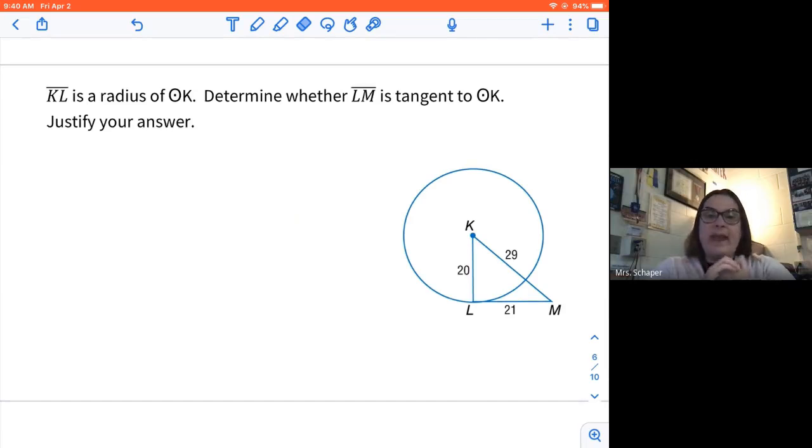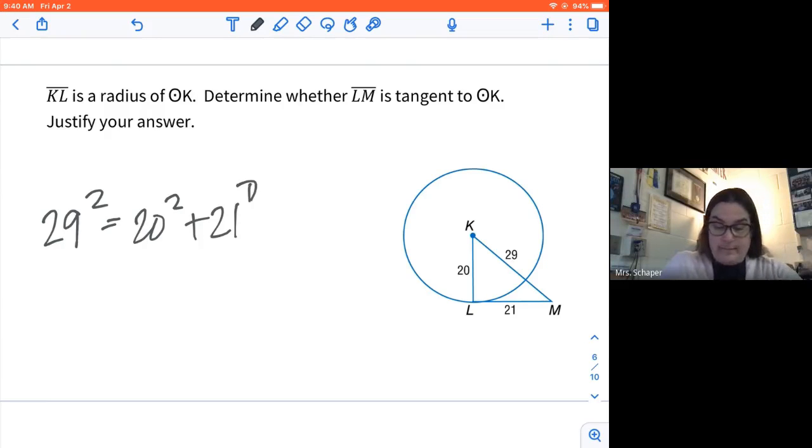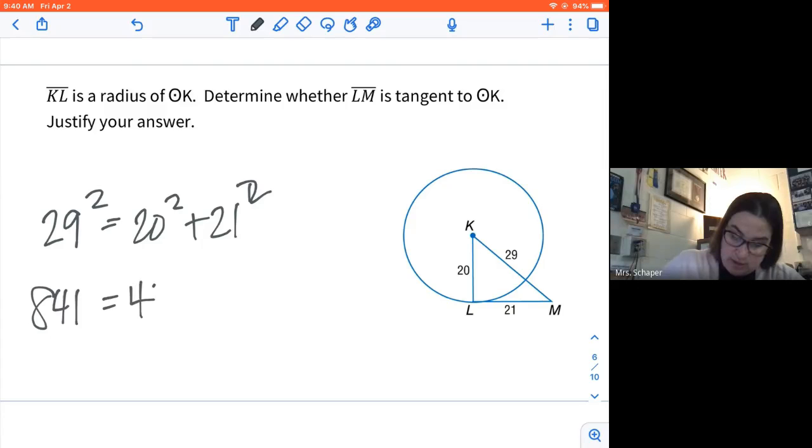All right. Here we go. KL is the radius of OK. We have to determine if this line is actually tangent. Well, if it's going to be tangent, 29 squared needs to equal 20 squared plus 21 squared. So 29 squared is going to be 841. 20 squared is 400, and 21 squared is 441.